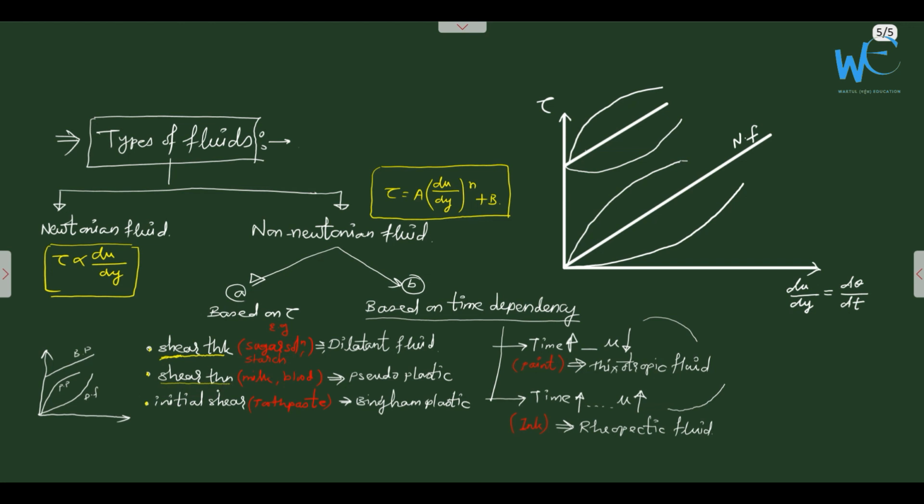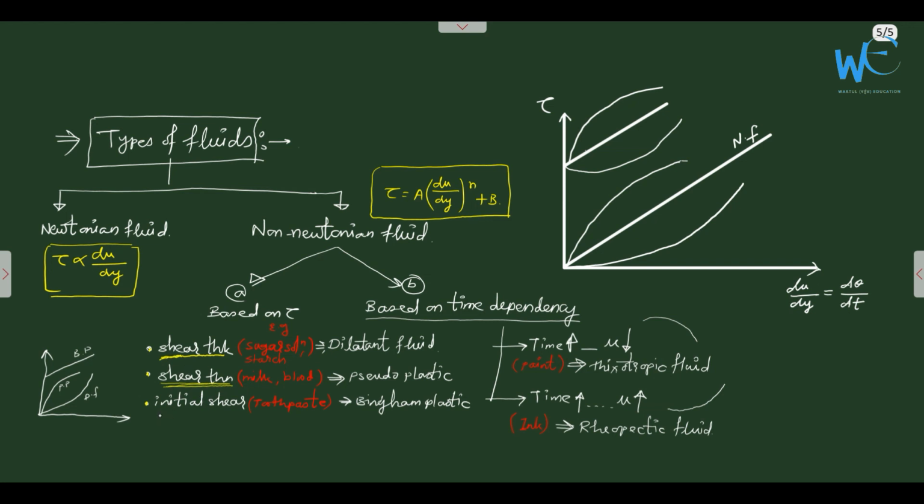If you take one glass of milk and stir it the same way, here the milk gets thinner after some time. Okay, if you imagine it, you will understand it better.